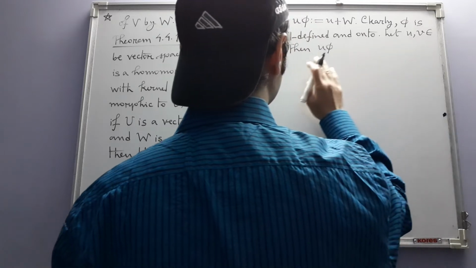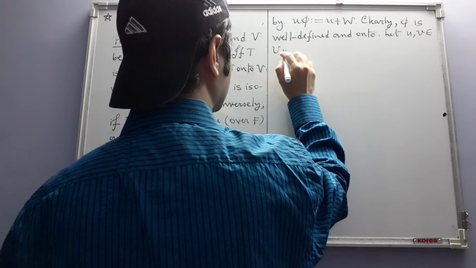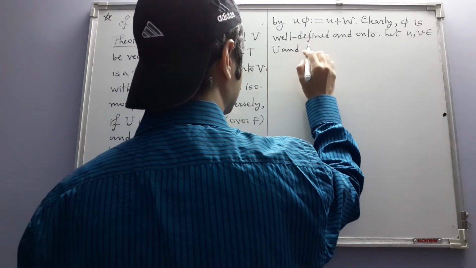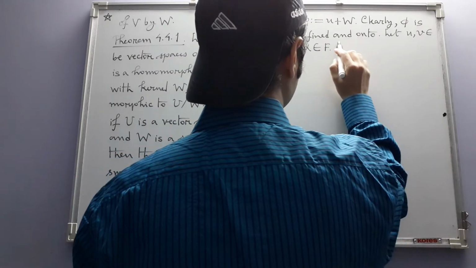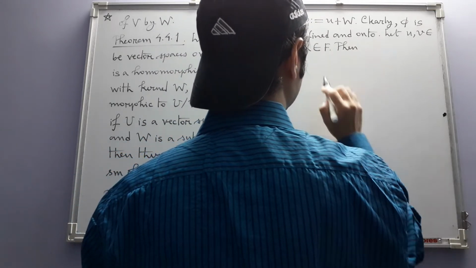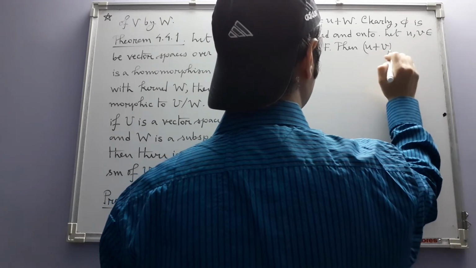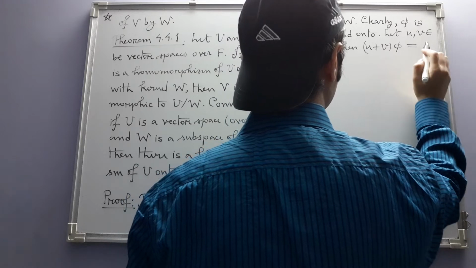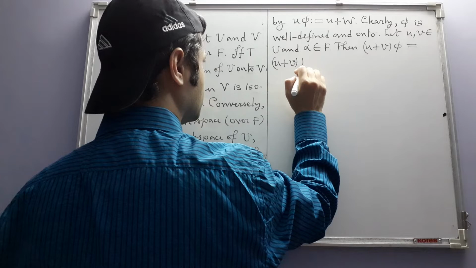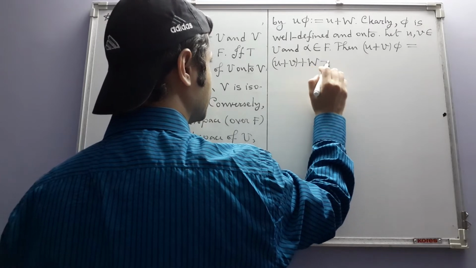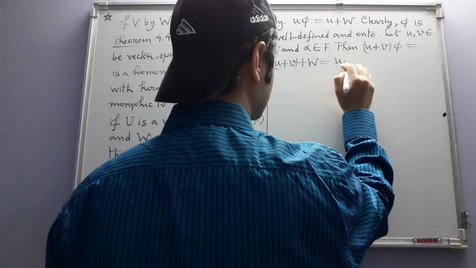So instead of just taking vectors, let us also take a scalar alpha. Then (u plus v) phi by our definition is this, which by the definition of the binary operation in U by W is this.